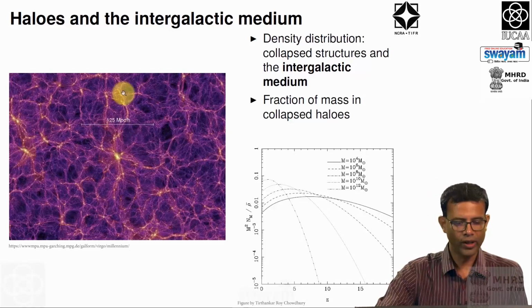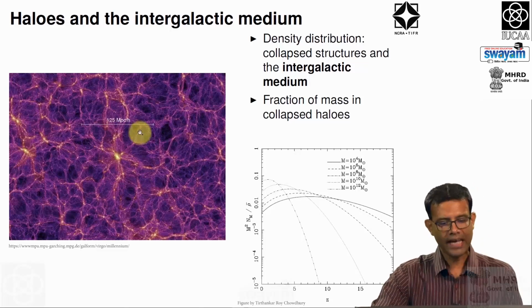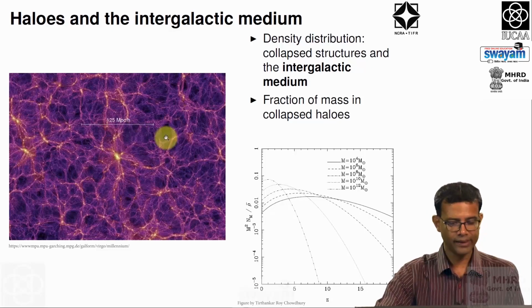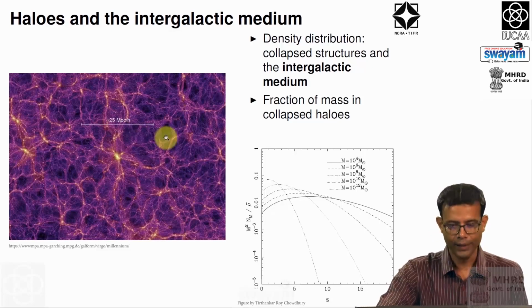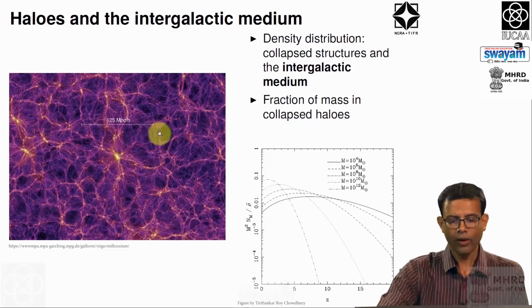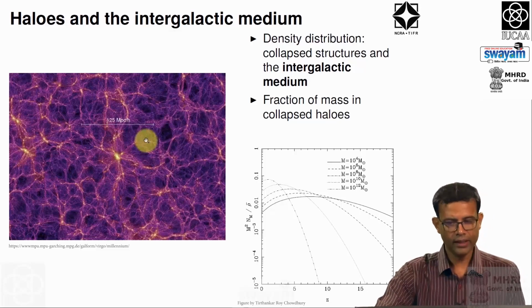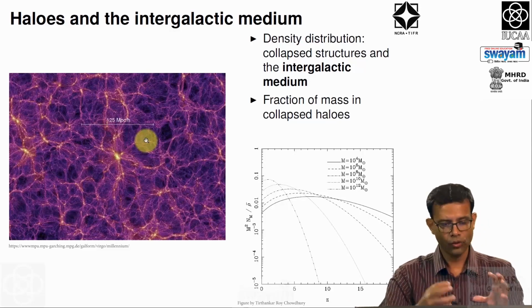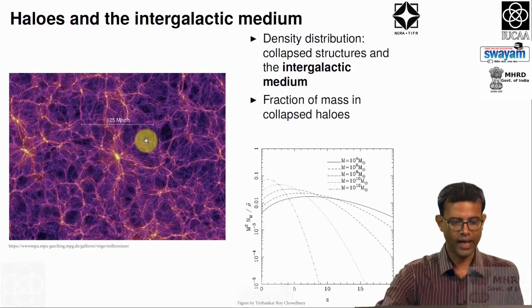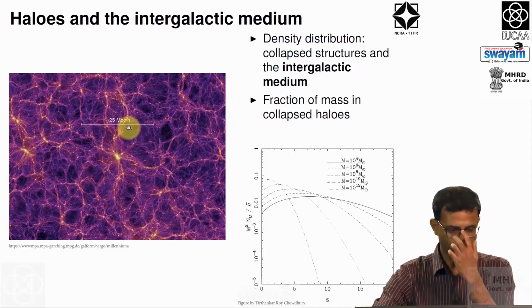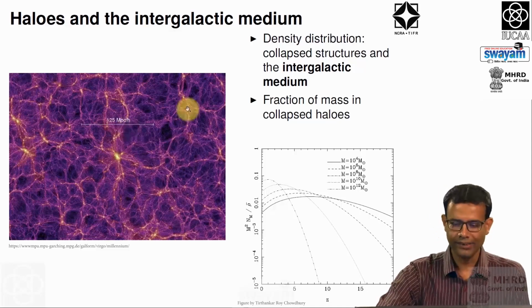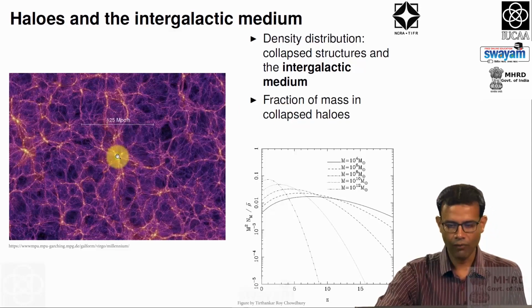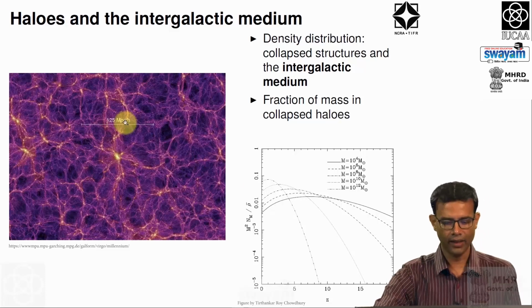But in between, you can see there are a lot of places where the densities are not very high, and there is quite a bit of matter here. These regions are known as the intergalactic medium, because this is a medium between these collapsed structures, between these high density regions. You can ask what is the relative mass in these high density structures where galaxies will form vis-a-vis the intergalactic medium.